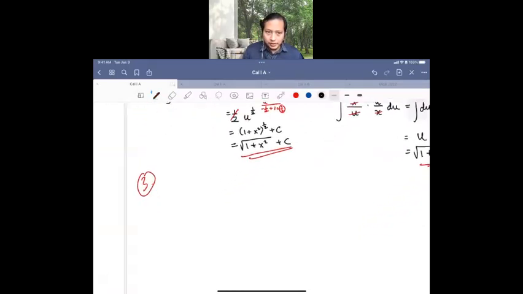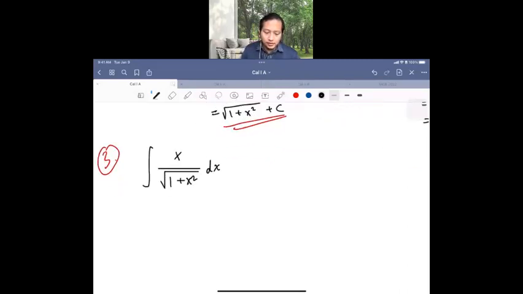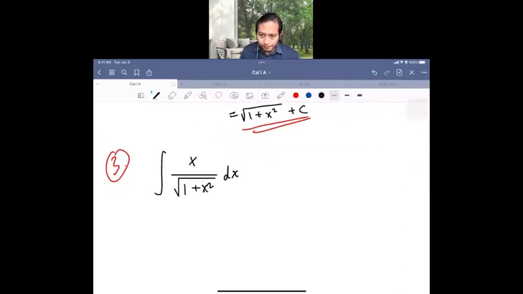Now it's called the advanced guessing. So let me write the question. Okay. Now the idea behind this is we need to know the derivatives of some functions that are essentially easy to derive.